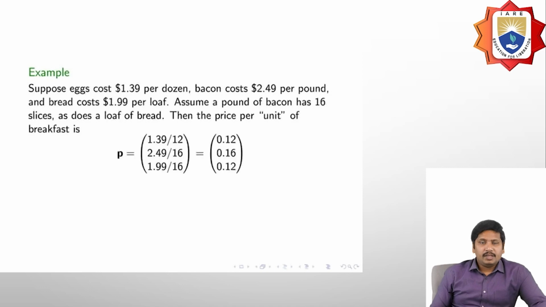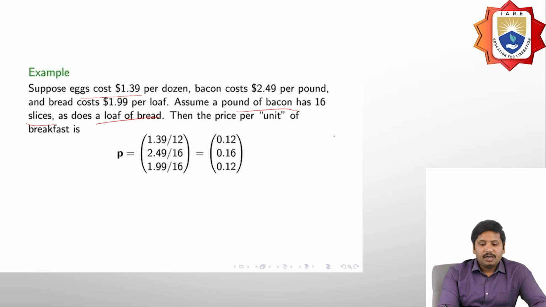Suppose we're going to have another example. Suppose eggs cost $1.39 per dozen, bacon costs $2.49 per pound, and bread costs $1.99 per loaf. So assume that a pound of bacon has 16 slices.